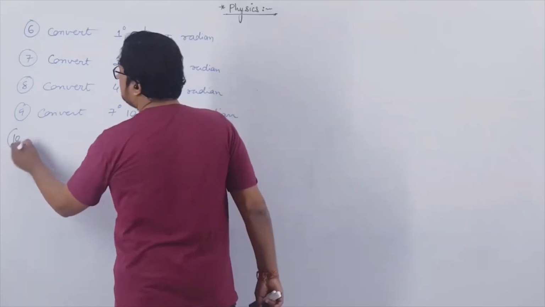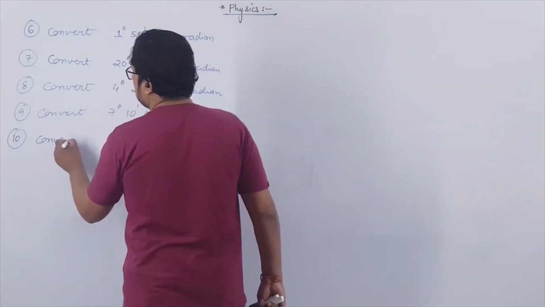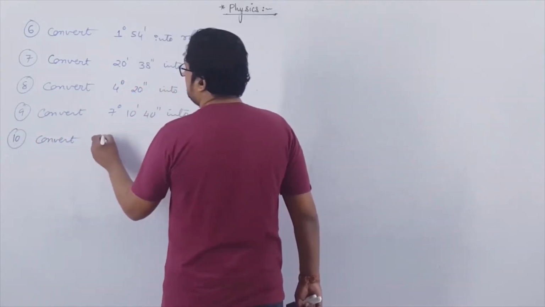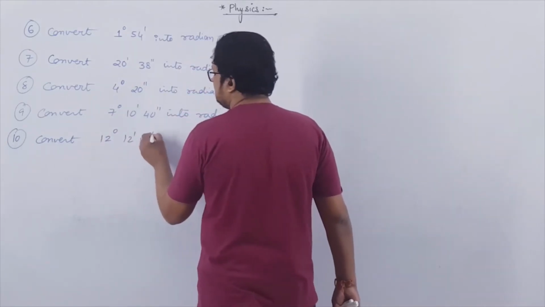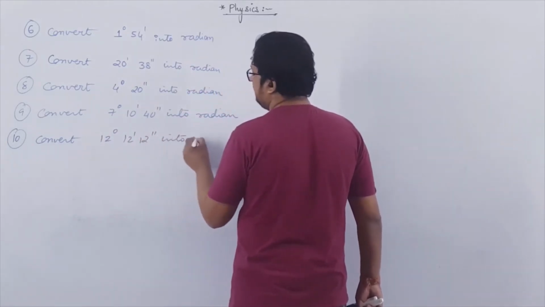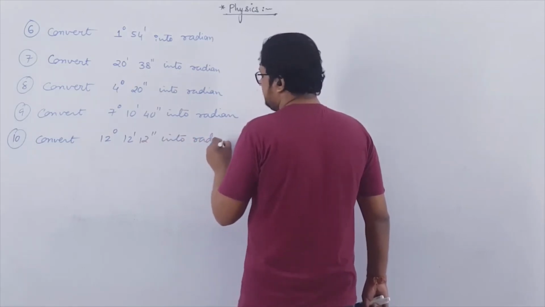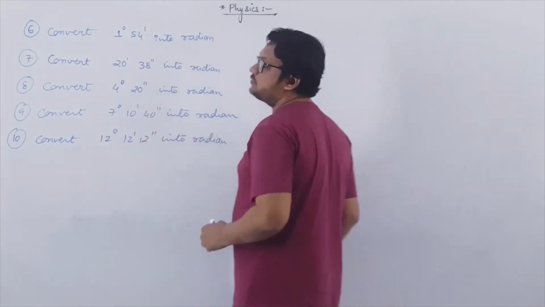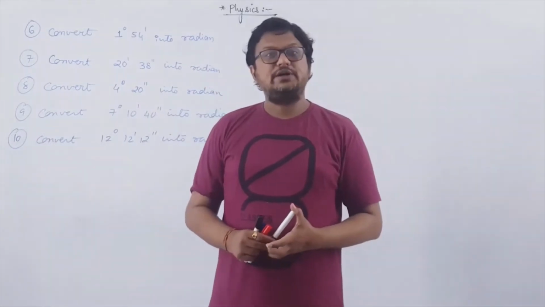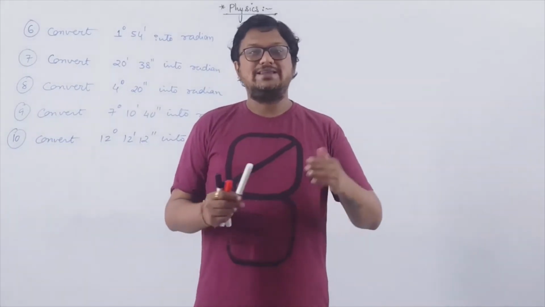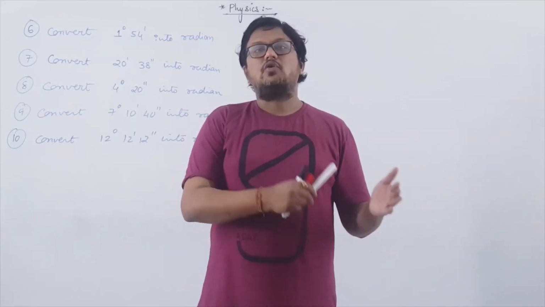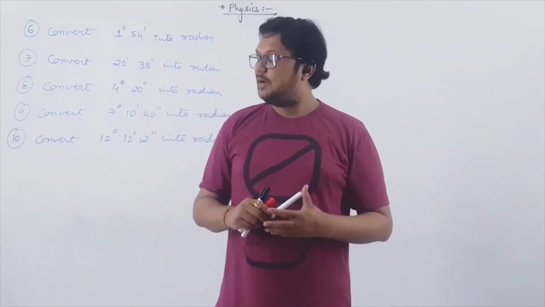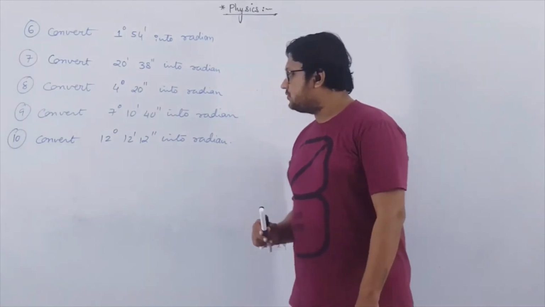And the last one, convert 12 degree 12 minute and 12 second into radian. So these are the 5 examples which you have to solve yourself. We have already discussed how we can convert degree into radian, minute into radian, or second into radian, or a combination of all these. So I think this will be easier for you to solve.